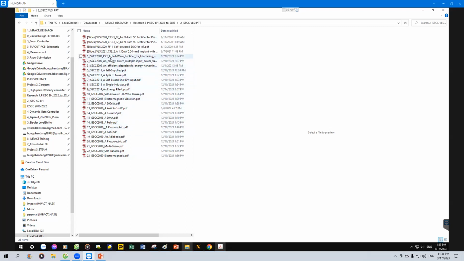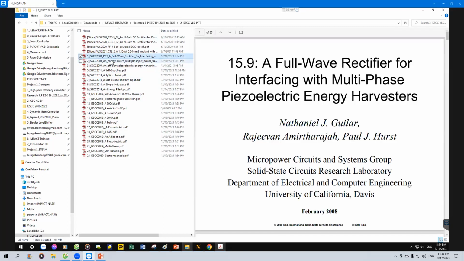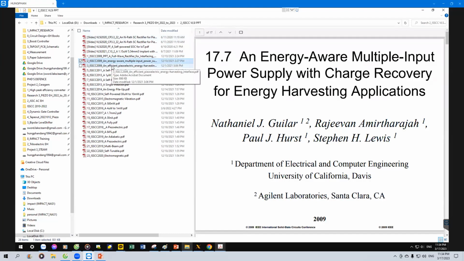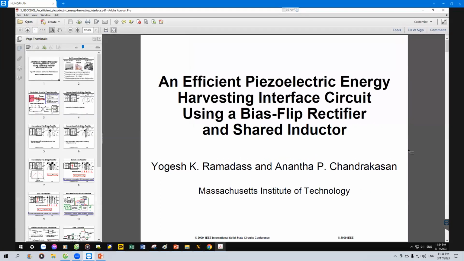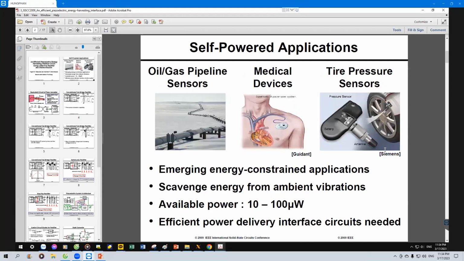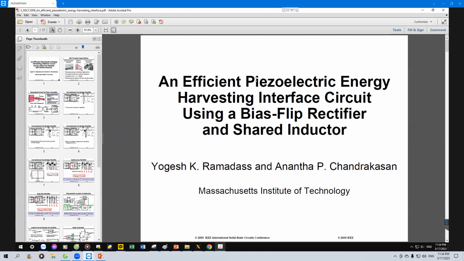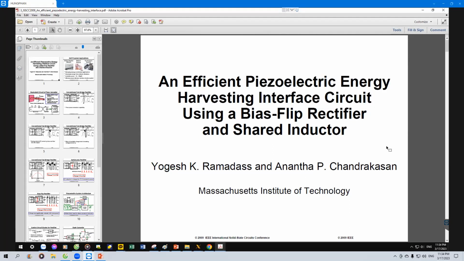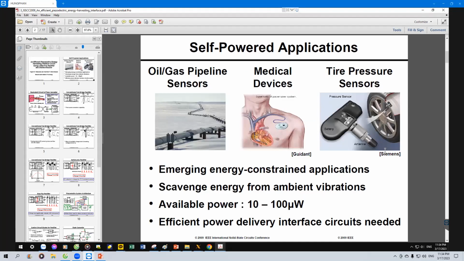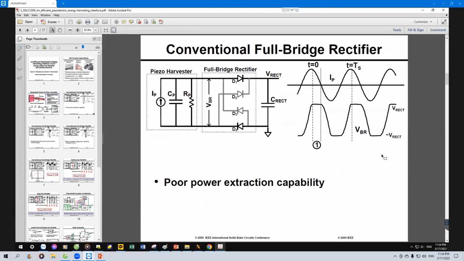Let me see. Actually, it originally comes from piezoelectric energy harvesting, and they use the same way for triboelectric. Here the rectifier, right?